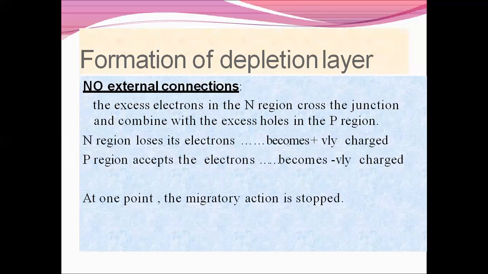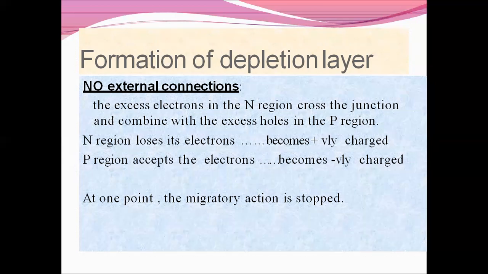When you apply no electric field to the PN junction diode, the excess electrons in the N region diffuse across the junction and combine with the excess holes in the P region. The N region loses its electrons and becomes positively charged, but the P region accepts the electrons and becomes negatively charged.